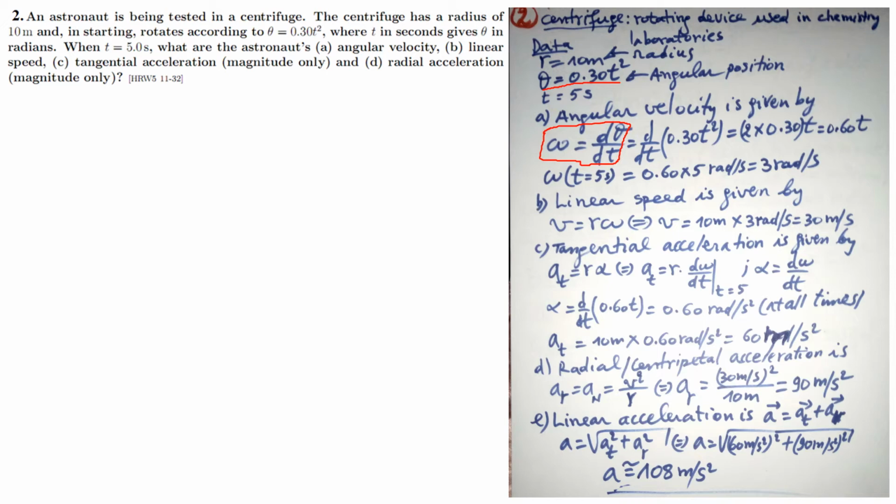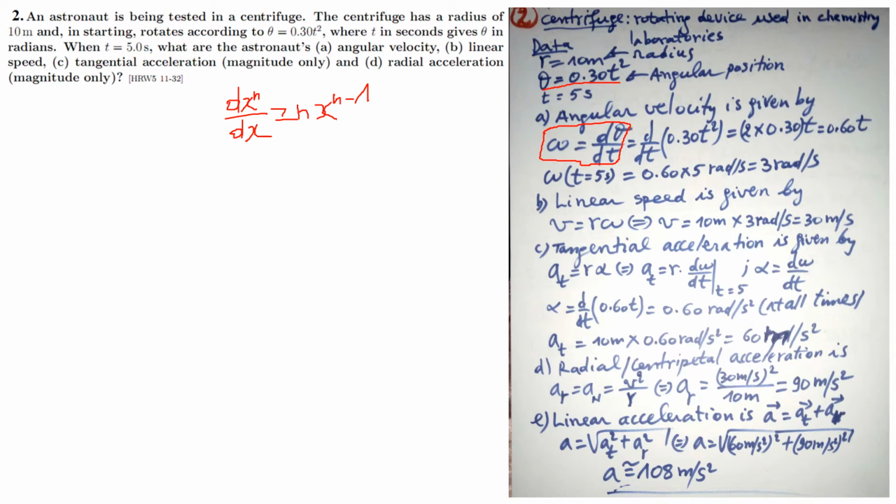This is equal to 2 times 0.3 t. We refer to the previous question about the formula for derivatives. We know that the derivative of any function x to power n with respect to the variable x is equal to the power n times our variable x to power n minus 1. It's the reason why in derivatives we have 2 times 0.3.